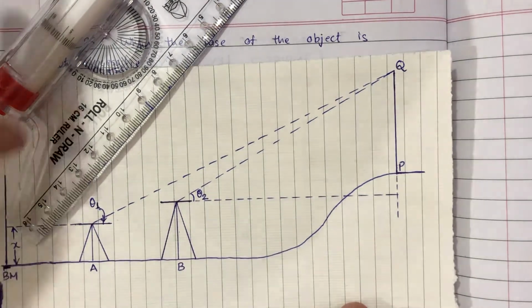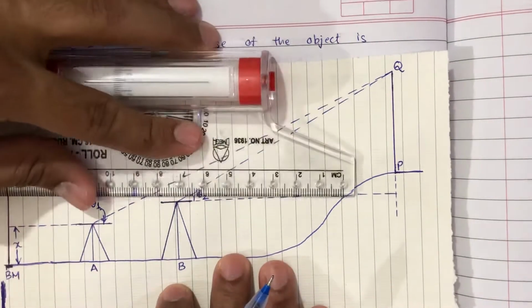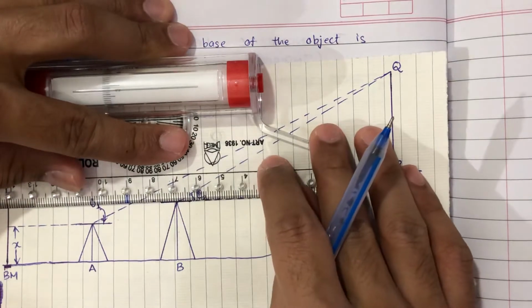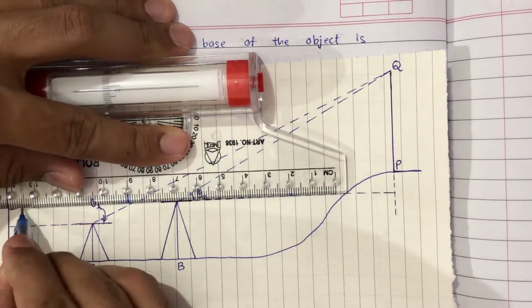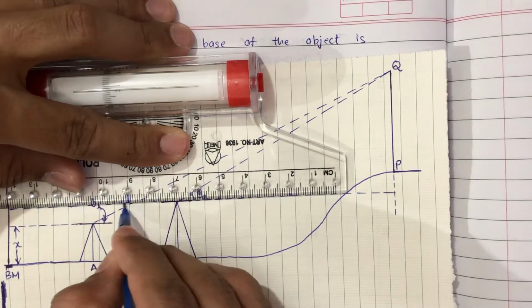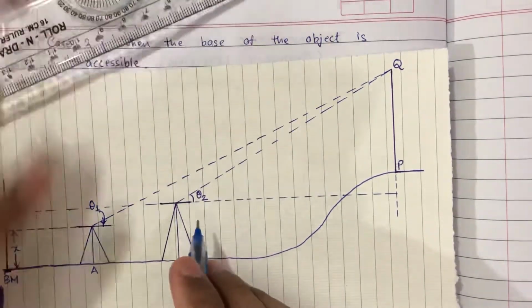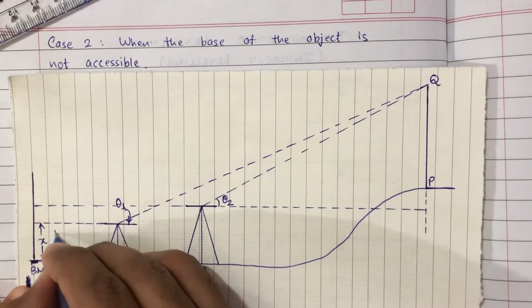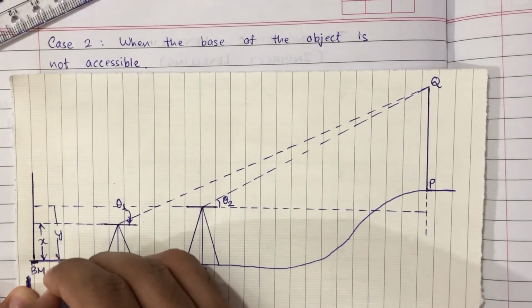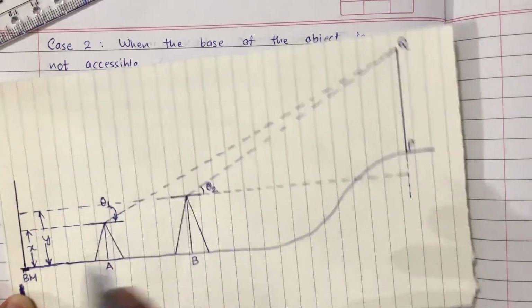Also the backside reading is taken on the leveling staff held at the benchmark. Let this backside reading be Y.